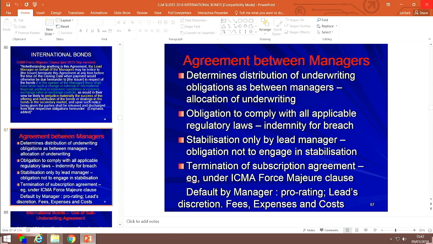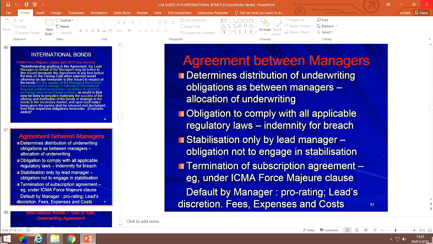The lead manager has a right under the agreement between managers to call on the other underwriters and managers to take up and pay for the bonds which the defaulting manager has failed to take up and pay for. So that's the default management on closing date, which is also controlled by the agreement between managers.